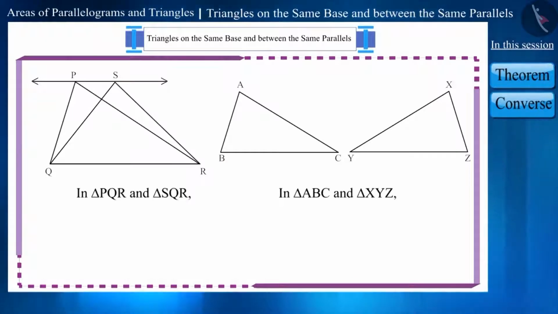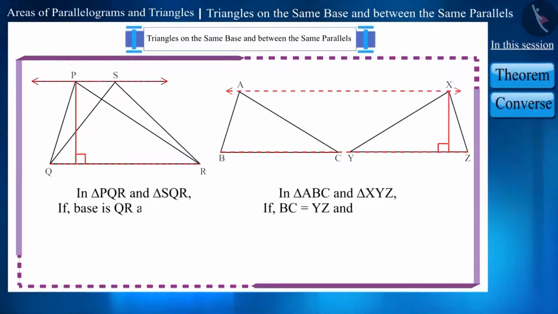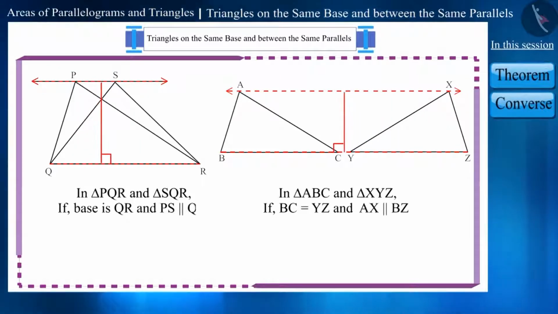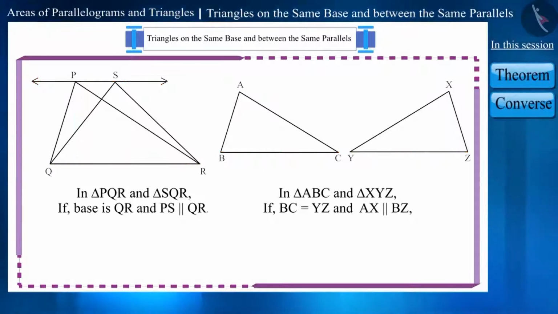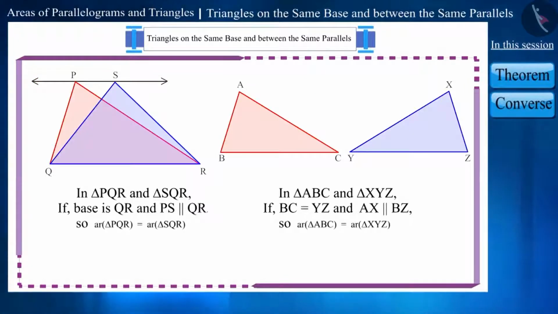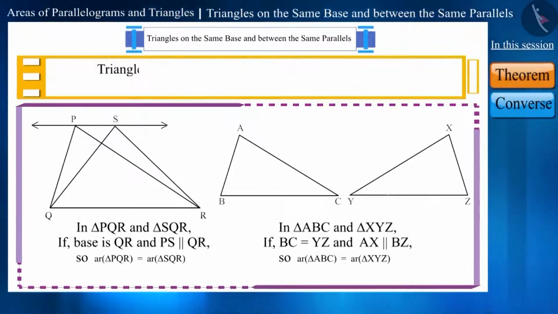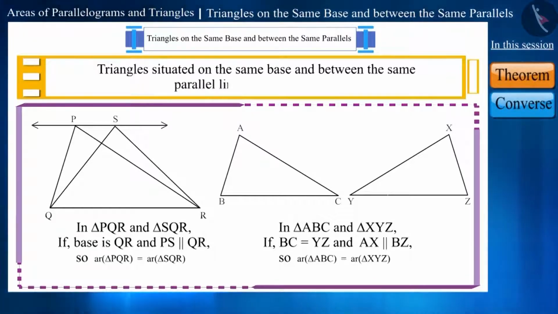You can check using other triangles that are situated on the same base and between the same parallel lines, and you will find that their area is also equal. Thus, we have reached a conclusion in the form of a theorem which says, triangles situated on the same base and between the same parallel lines are equal in area.